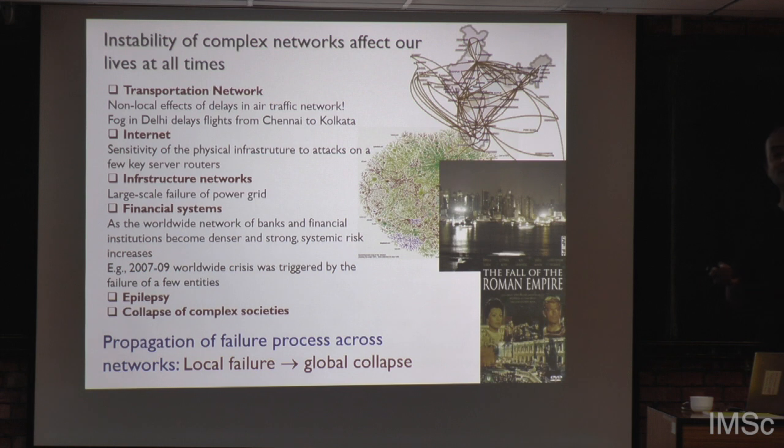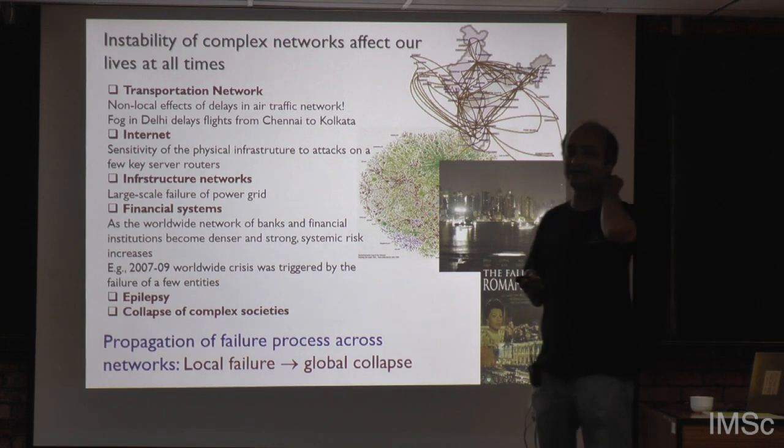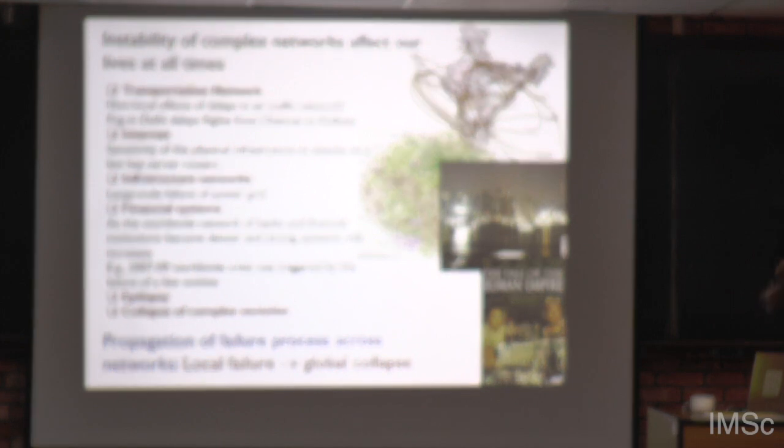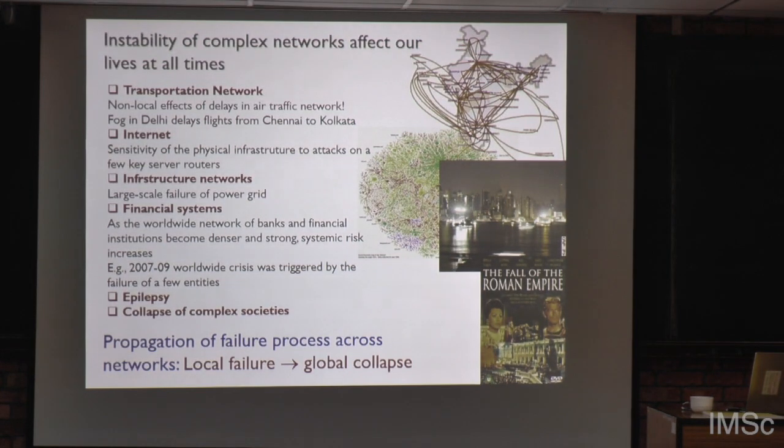So how is it that these kinds of events happen? Now you might say that, well, if it's a network, then in all probability things like this should occur, but fortunately it's fairly rare. So the question comes about that, why is it that we don't have such cascading events most of the time?